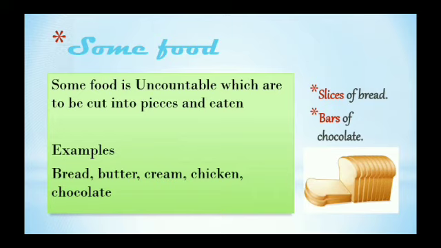We don't say chocolates, breads, right? It's an uncountable noun and it doesn't have any plural form. So we are counting the slices or bars of the chocolate or bread. We don't say slices of breads, it's wrong. Bars of chocolates, it's again wrong. Since it is an uncountable noun, we are counting the slices or the bars.